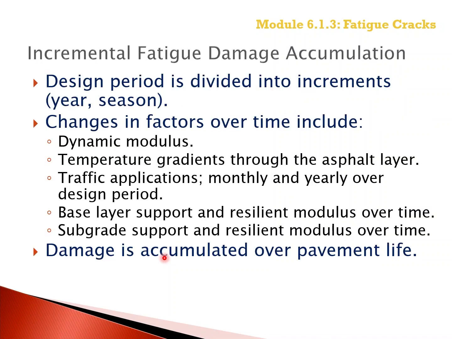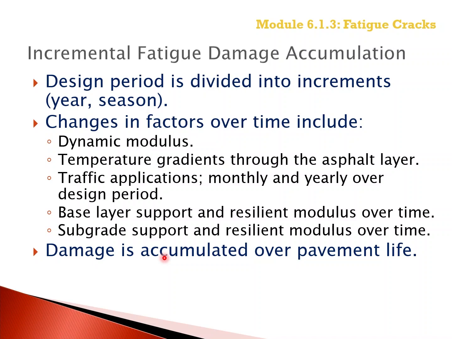In summary, the design life is divided into time and load increments. Some of the pavement and traffic variables that change over time, for which the pavement ME design software considers, include asphalt dynamic modulus, which increases over time because of aging. The aging is dependent upon the asphalt layer depth and volumetric properties.